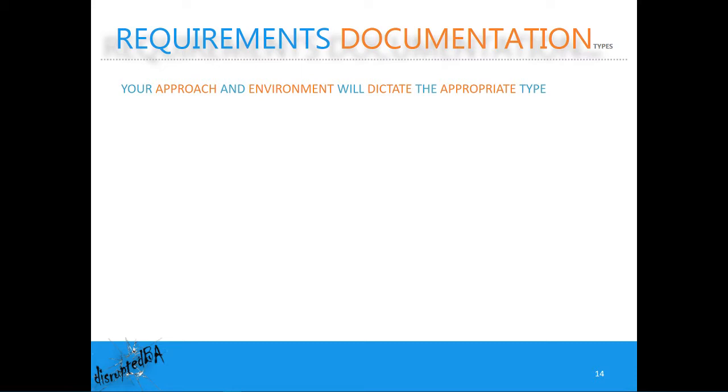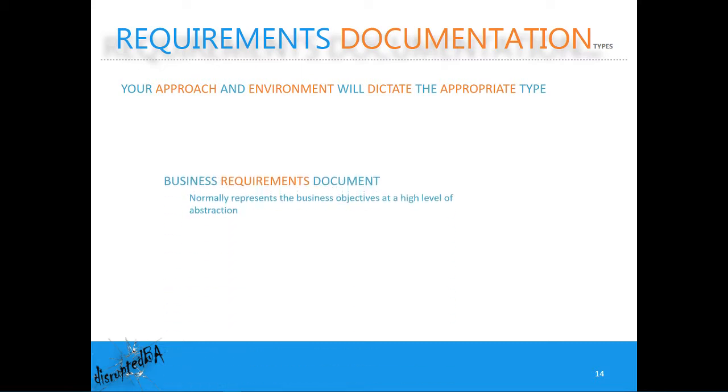Even though I've been doing this for more than 2 decades, I even have to go to Google acronyms sometimes because they just keep on coming up and people just make up new acronyms every single day. So don't be discouraged or confused by that. Your approach and your environment will dictate the appropriate document type that you'll be using.